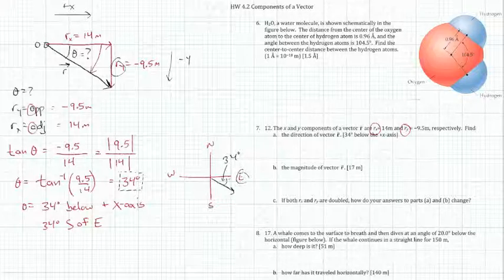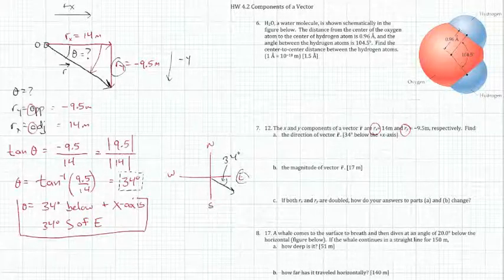So you can state it that way as well, but whatever way you're comfortable with, this is our final answer, 34 degrees. And we accounted for the fact that it is going in kind of a negative direction by simply describing it 34 degrees below the positive x-axis, not above it. That would be different. So that's our answer for part A right here.